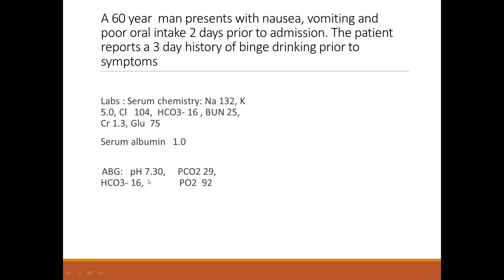Then we can see the compensation, the drop of the bicarbonate, how much drop it is from the standard 24: it is an 8 drop. So how much should the PCO2 be dropped? Almost 1.2 times for one bicarbonate. We can say around 10 to 11 should be dropped from the standard 40 PCO2, and the patient's is 29, so almost adequately dropped, adequate compensation.